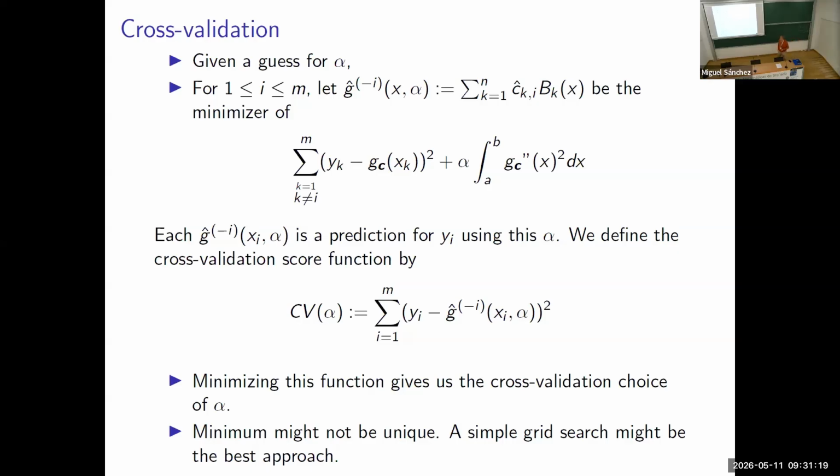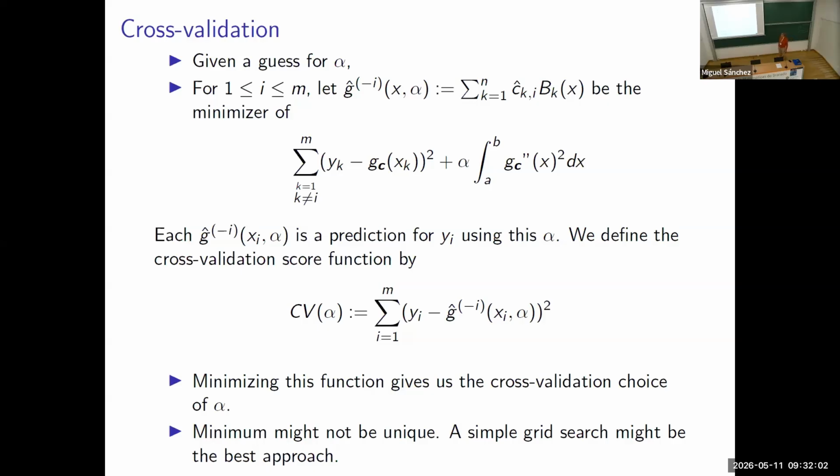Then you find a function which minimizes the least square term plus the smoothing term, but you don't use the ith term. In a sense, this function is a prediction for yi using this alpha.